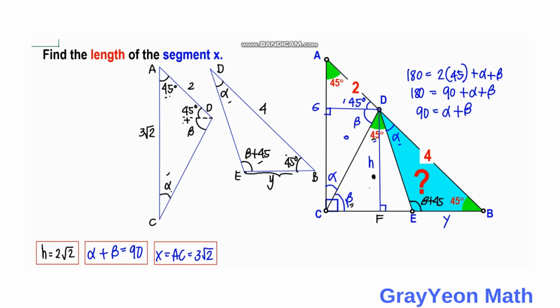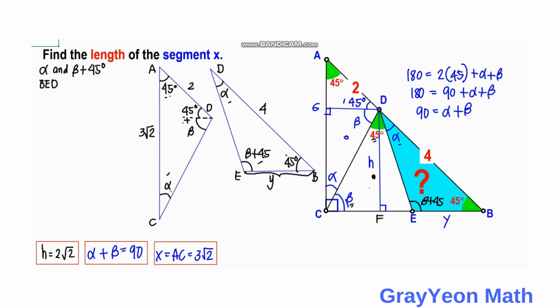So this is EB, by similarity, because these two triangles are similar, having the same set of angles. So let us focus on the sides of these two triangles that are opposite alpha and beta plus 45 degrees. For the triangle BED, we can make a ratio on the sides opposite alpha and beta.